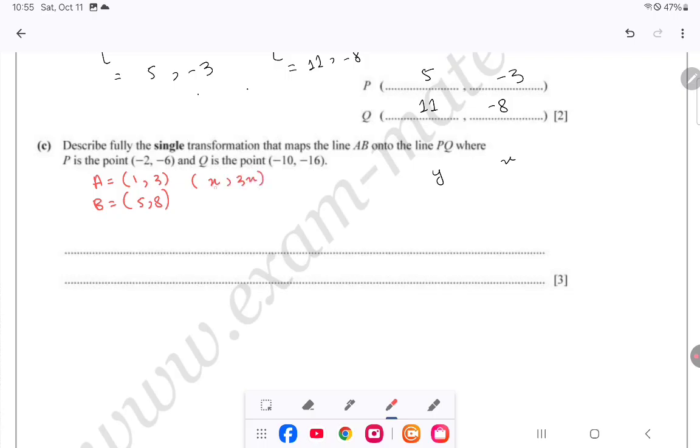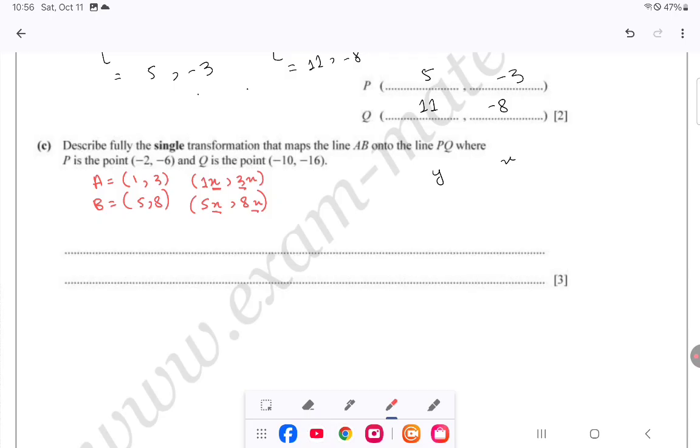This is the enlargement, this is our 1 and this is our 3 of A. For B, 5x comma 8x. The x is representing the number by which the given point is enlarged, and we have to calculate the value of x.